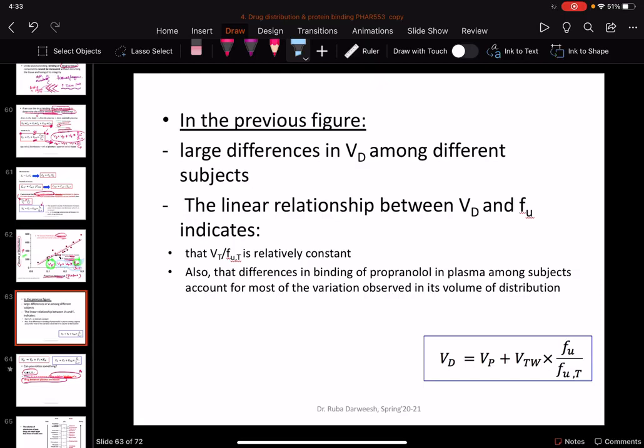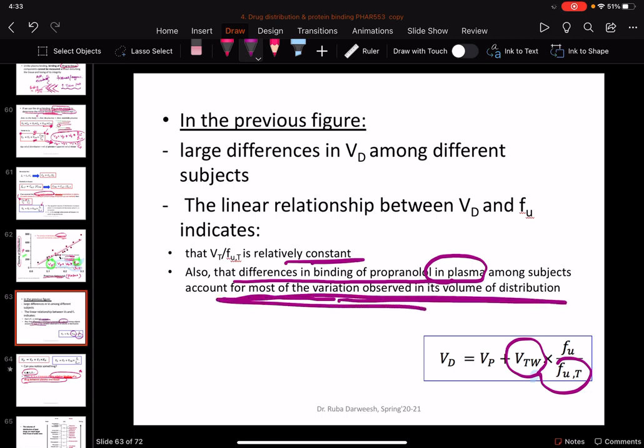And this is what I'm telling you here: the effect of the tissue volume and the tissue unbound fraction is relatively constant. So the differences in the binding of propranolol in the plasma account for the major variability in the volume of distribution, which is here the total volume of distribution, okay?